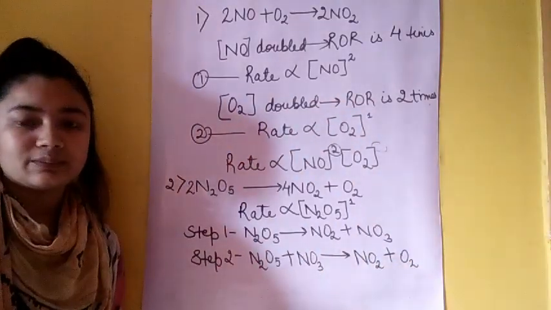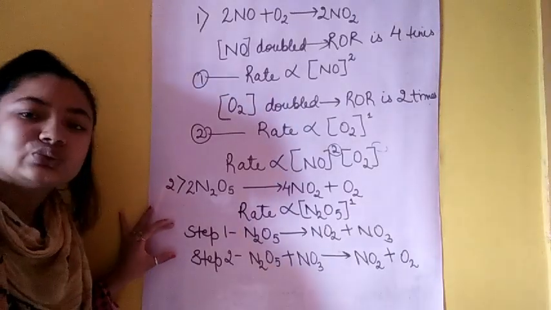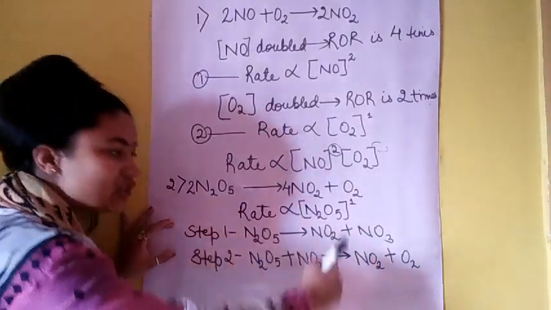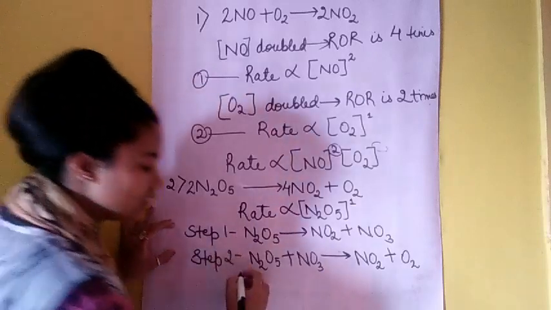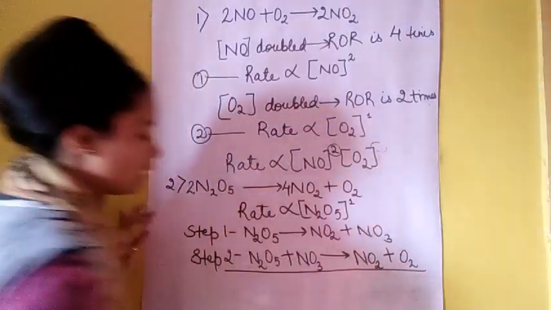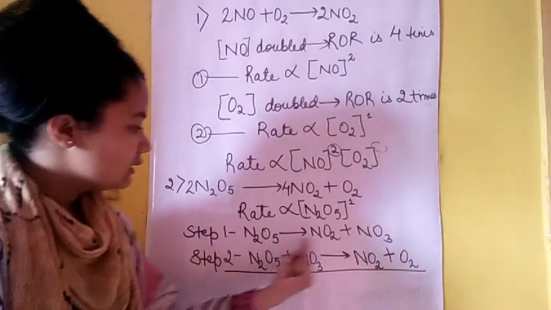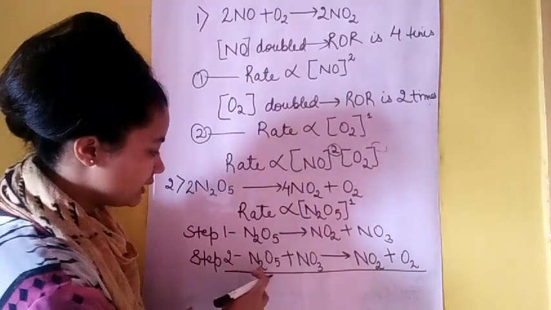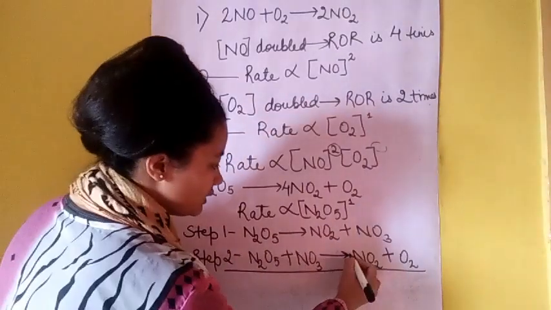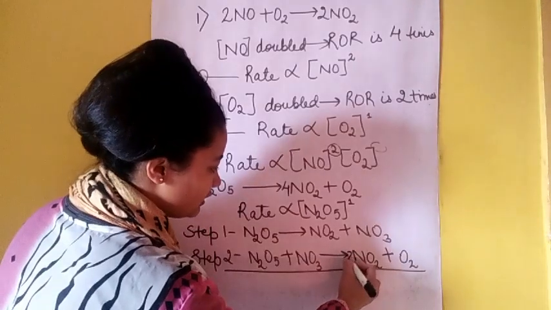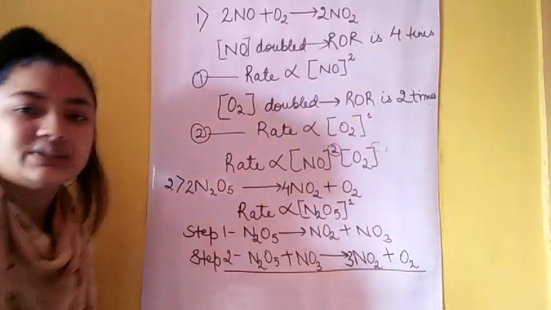So this is the second step. Now in these 2 steps, the overall reaction is carried out. So now add these 2 steps. First of all, balance these 2. The first equation is balanced, and here there are 2 and 1, it comes to 3, right? Now the equation is balanced.